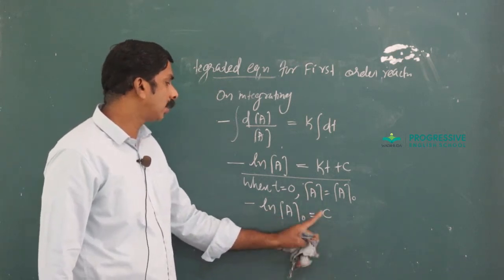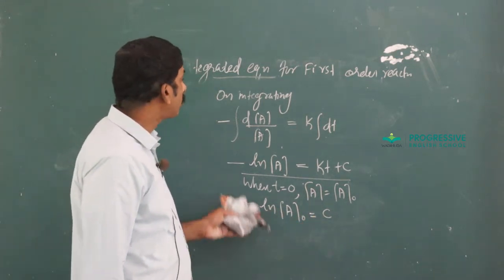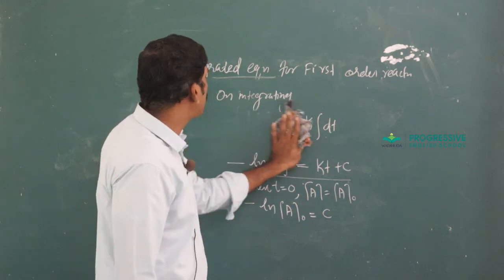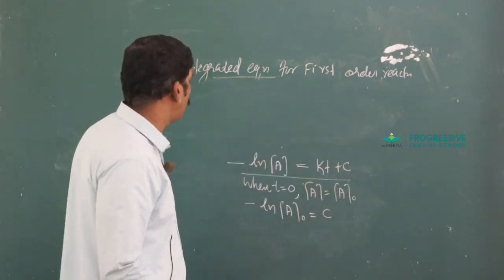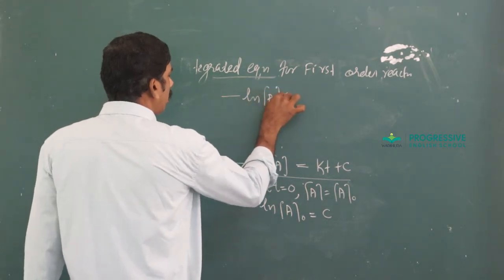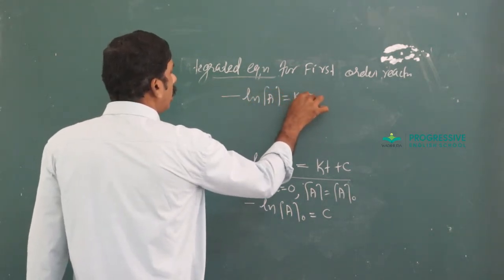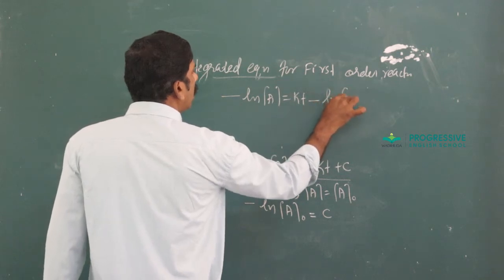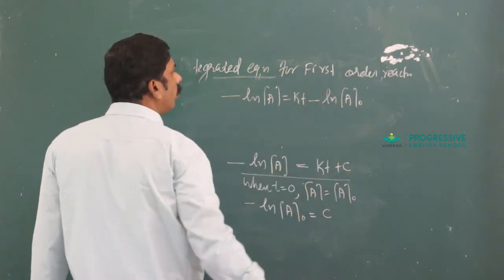Minus ln A0 equal to C. Next, substitute the value of C in this equation. Minus ln A equal to KT minus ln A0.